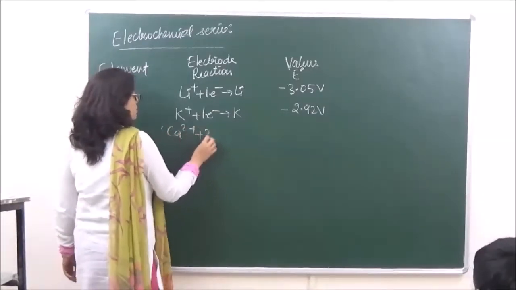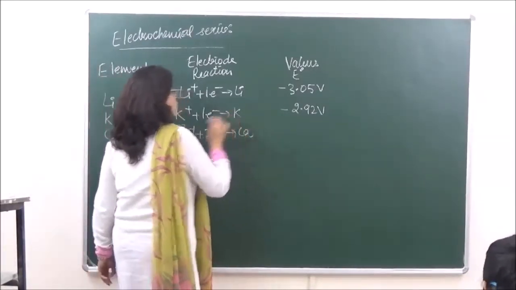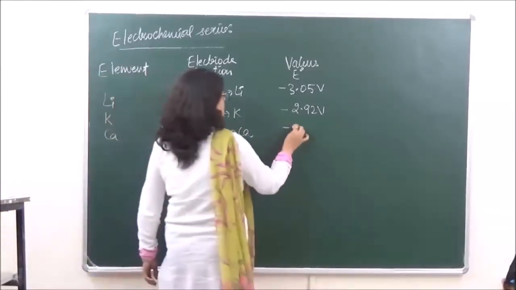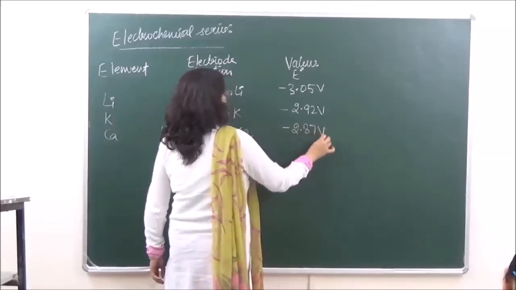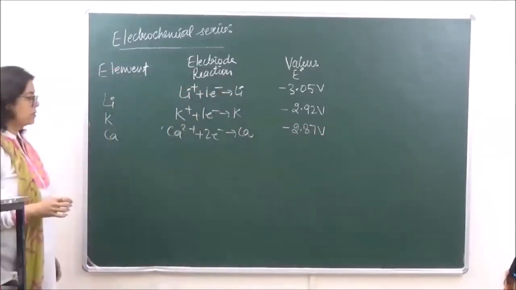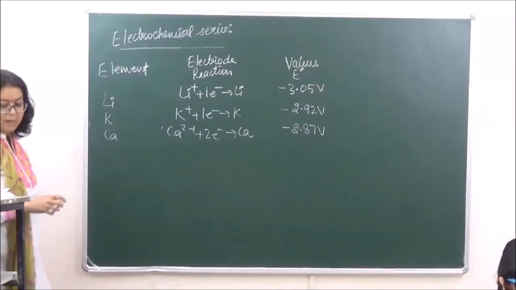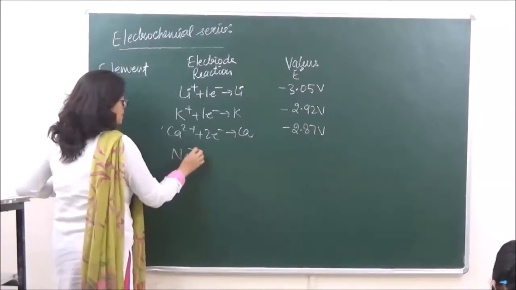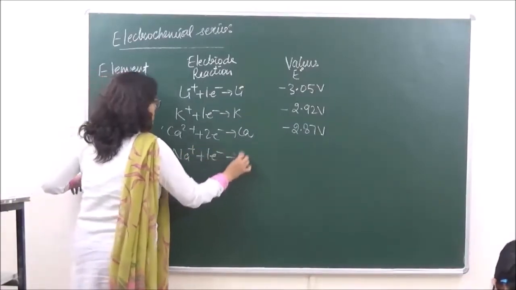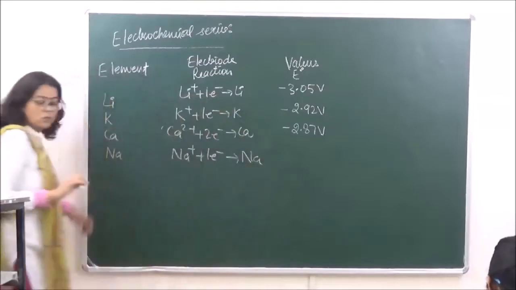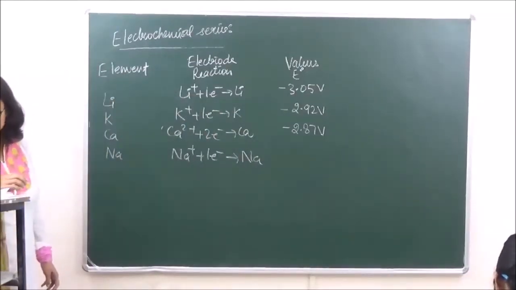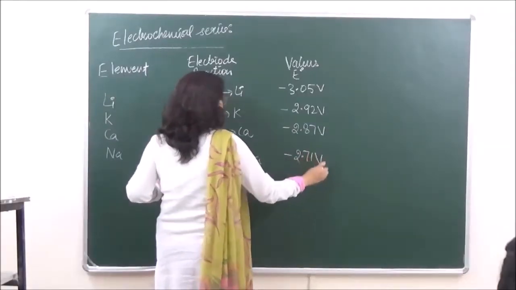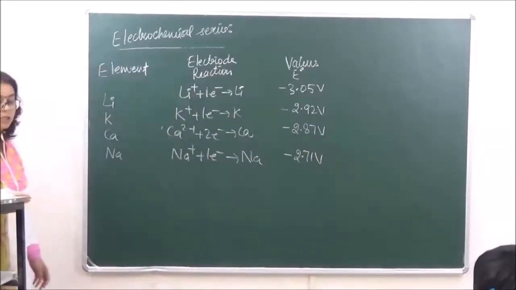Then the next is calcium: Ca2+ plus 2 electrons to give us calcium, and the value is minus 2.87 volt. After calcium comes sodium, to give us sodium, and the value is minus 2.71 volt.